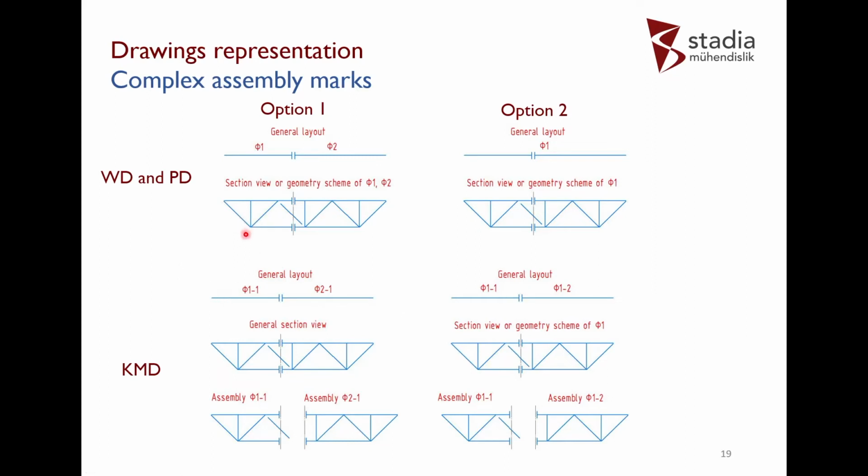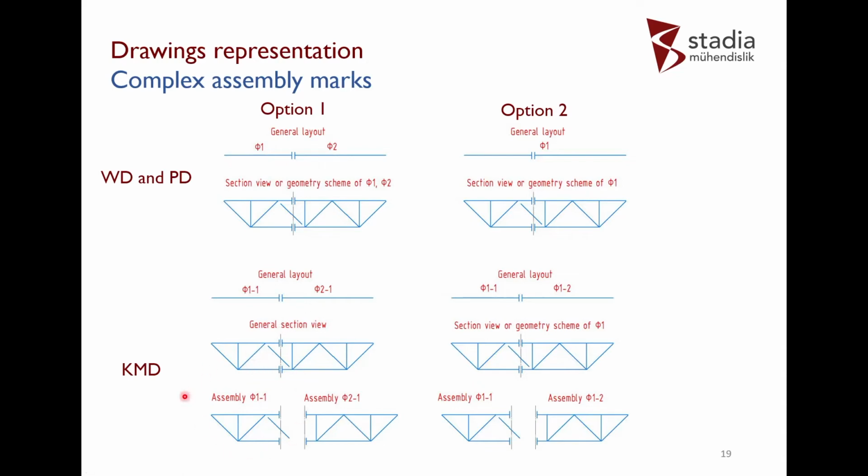One of them has some plates in this connection, strengthening of these joint details. The other one doesn't have this. So in this case, one mark will be F1-1 and the second mark will be F1-2. It will be like their ID number, but this number should correspond with the working documentation and project documentation numbering of the mark.